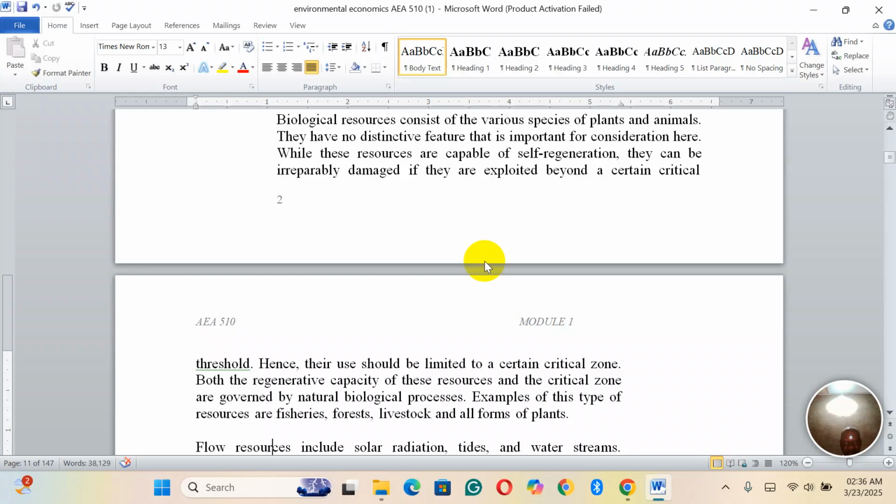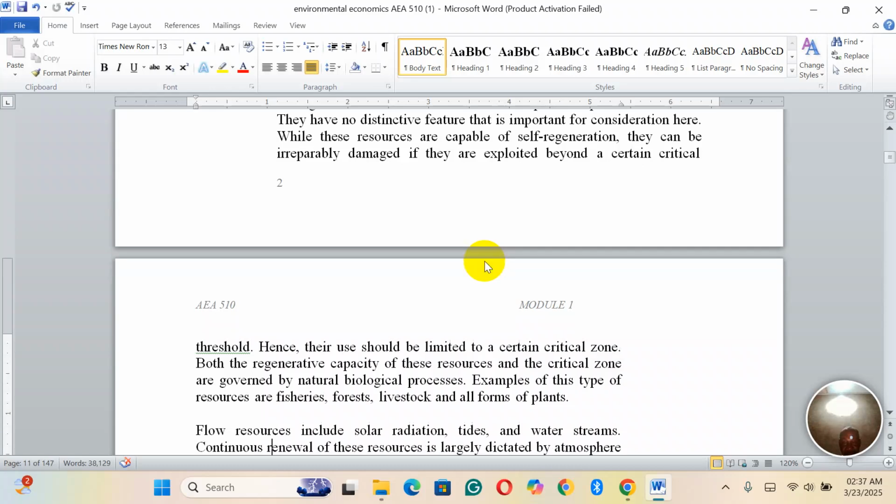Both the regenerative capacity of these resources and the critical zone are governed by natural biological processes. Examples of this type of resources are fisheries, forestry, livestock, and all forms of plants.